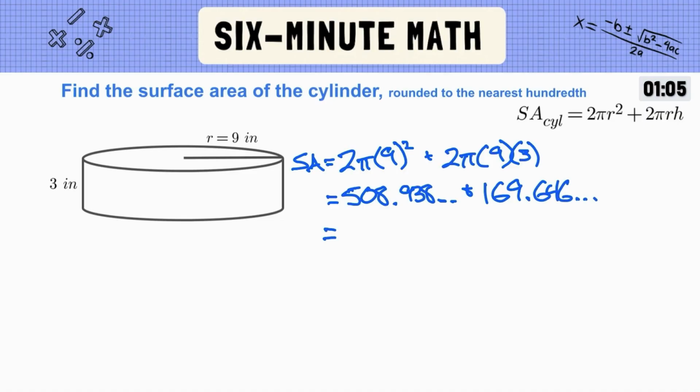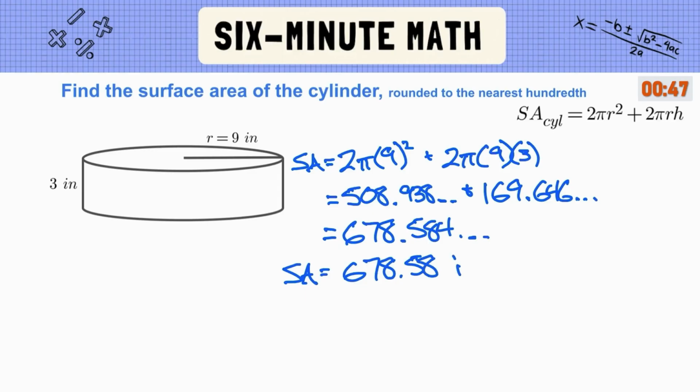I add those together to get 678.584. And then I see that I need to round it to the nearest hundredth. So my final surface area is 678.58 square inches.